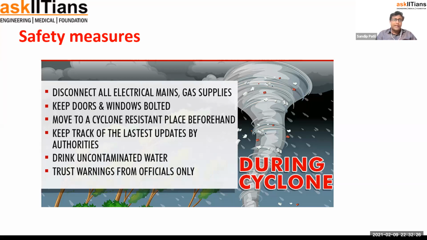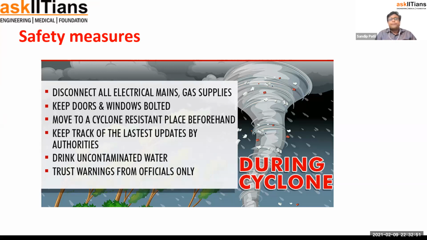We know that. Drink uncontaminated water only. Uncontaminated means pure water, we can say. Contaminated means there is a lot of impurity there. We should not drink that water because in cyclones, many viruses will be there in the water.